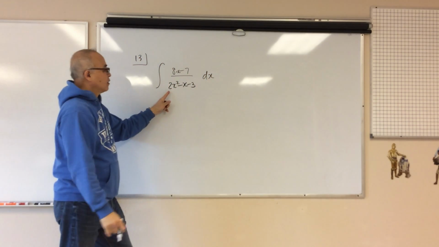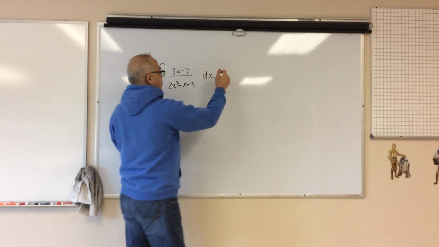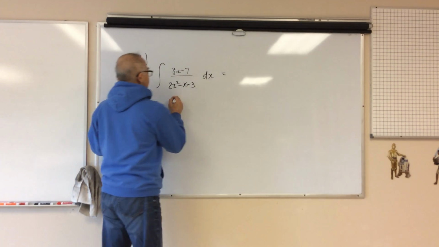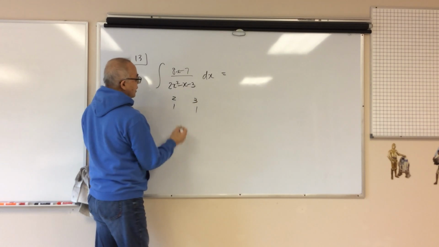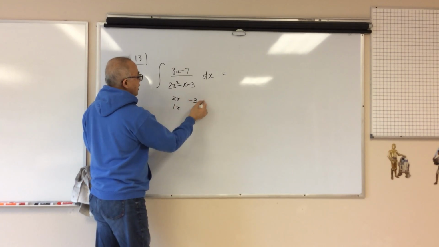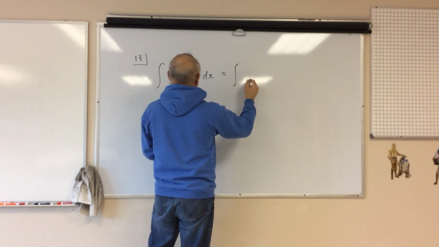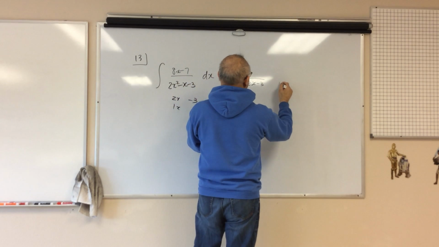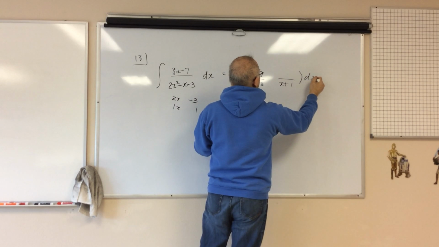So you're going to have to put this into two different terms here, right? That factors as 2x minus 3 and x plus 1, so this is separable as something over 2x minus 3 and something over x plus 1, dx.